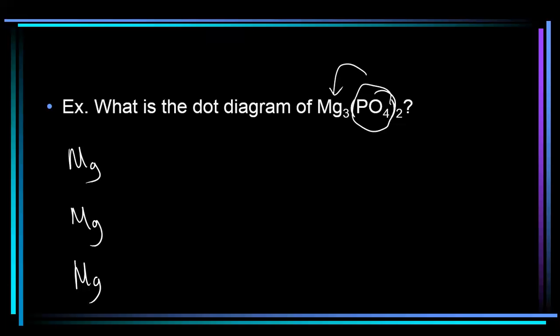Are they things that give electrons or do they take electrons? Give. So are we going to have any electrons around here or are they going to be completely naked? Normally they have 2 electrons. Are they going to give those 2 electrons? Okay, so we put them in brackets and they are denuded.